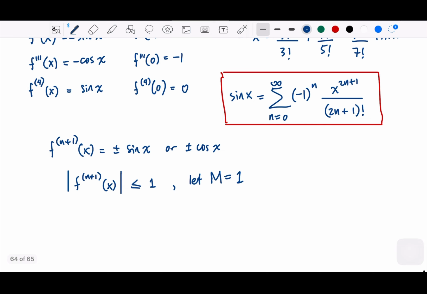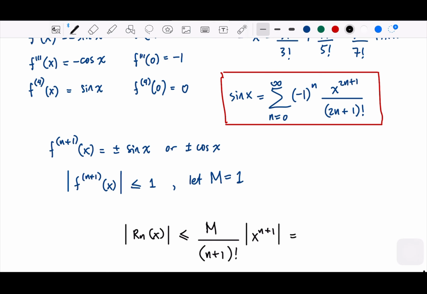So this is going to prove that the absolute value of the error, or the remainder, is always less than or equal to m over n plus 1 factorial times x to the n plus 1.